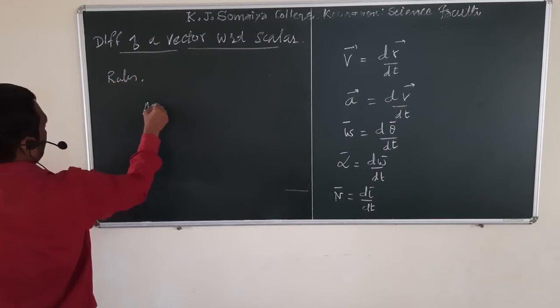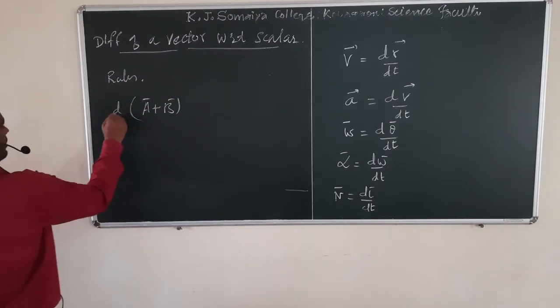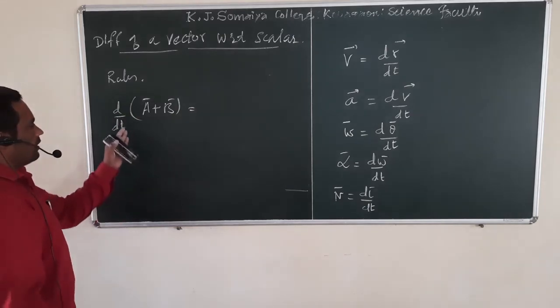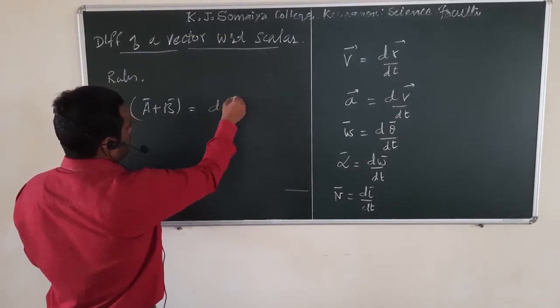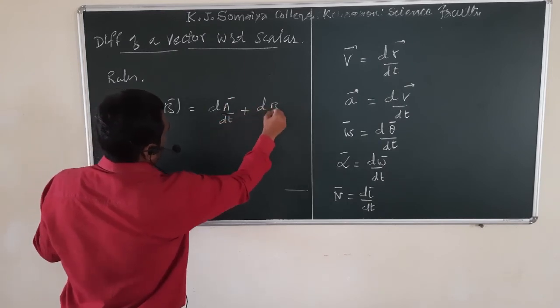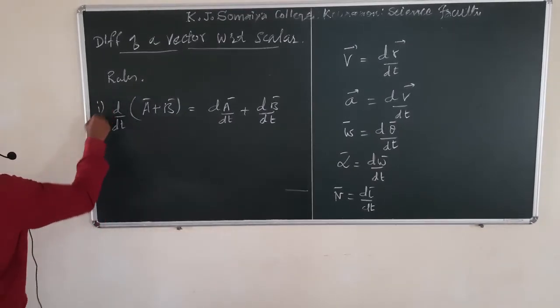Suppose we have two vectors, we add them, and we differentiate the sum with respect to a scalar. Then by the distributive law, this is the derivative of the first vector plus the derivative of the second vector. This is the first rule.